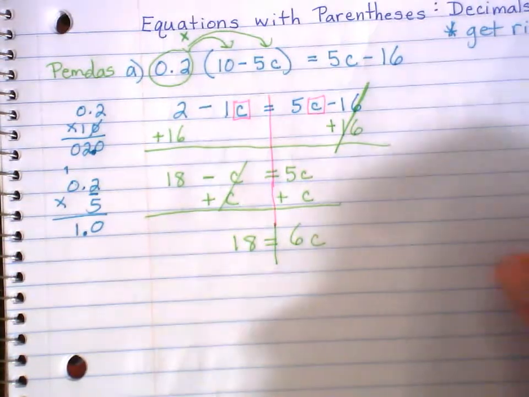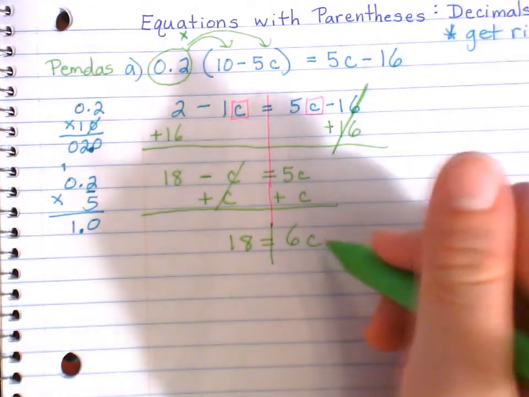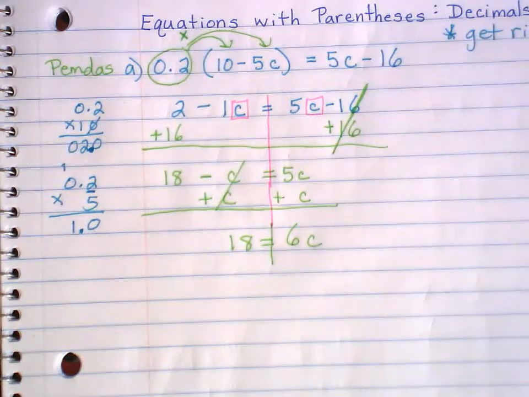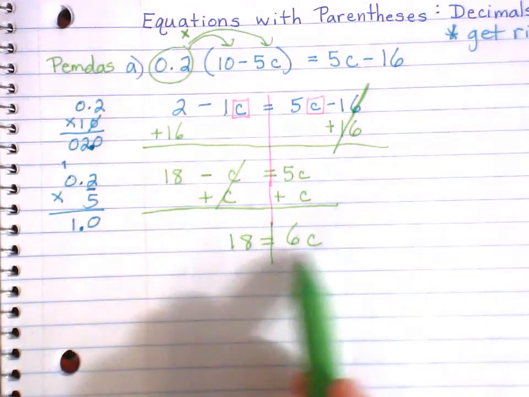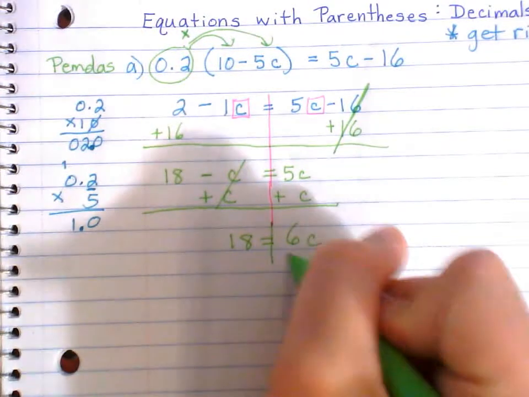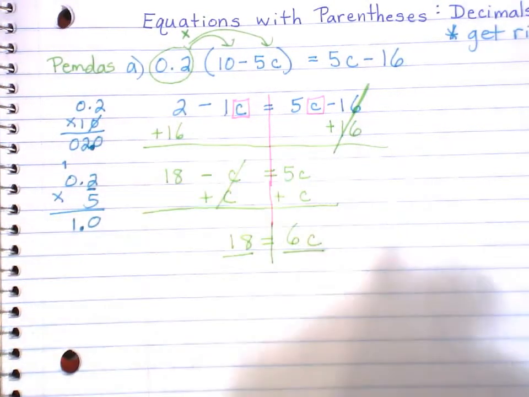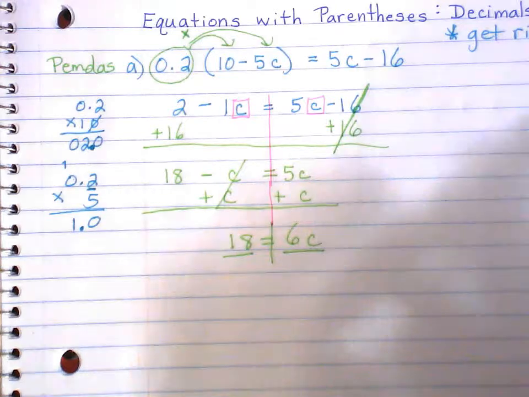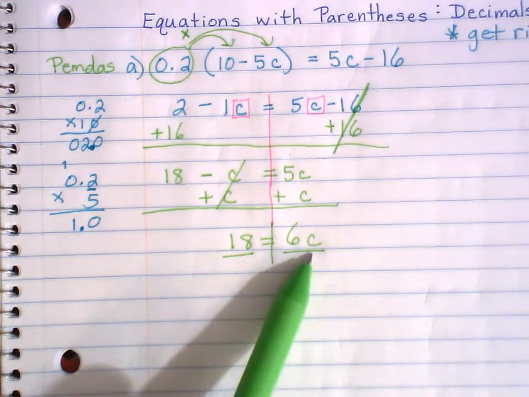So 18 equals 6c. So 6 times some number equals 18. They're being multiplied, so you have to undo that multiplication with division. Divide both sides by, well, what's going to get c by itself?